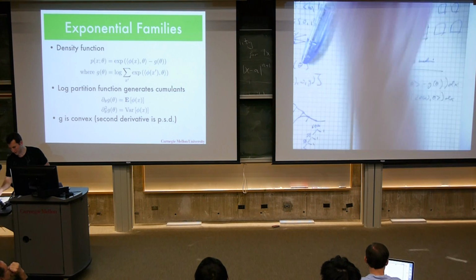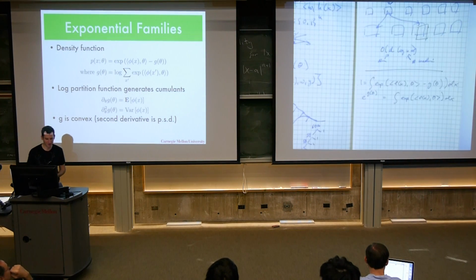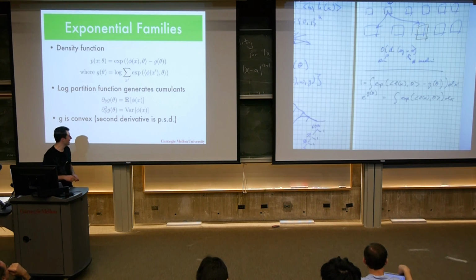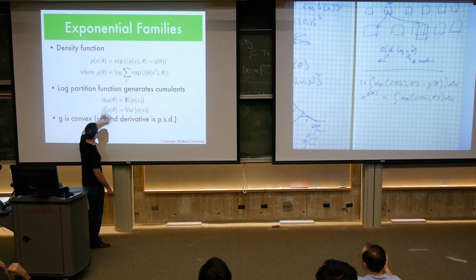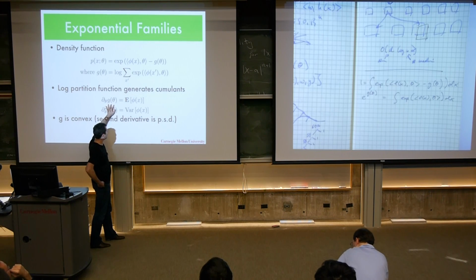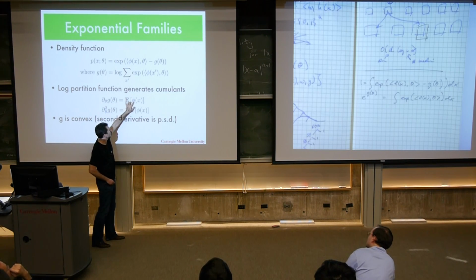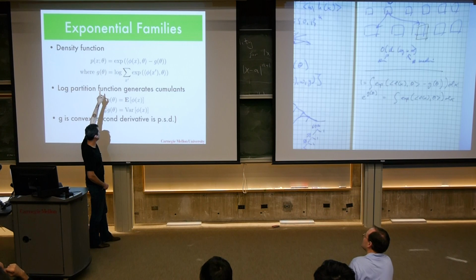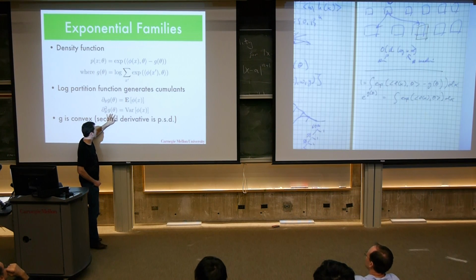The main difference being that on the slides I have a sum and here I have an integral, but that's just how I am treating various domains. Now, one of the really cool things about this g function is that if I compute the derivative, I can show that this amounts to the expected value of phi of x, where x is drawn from that very distribution up here, and that the second derivative gives me the variance.